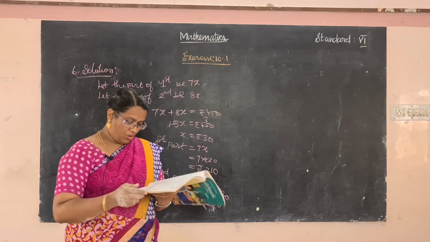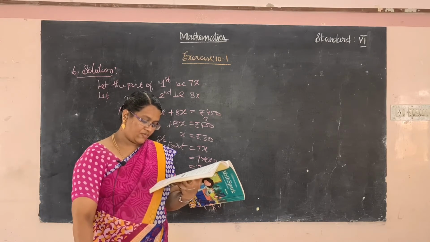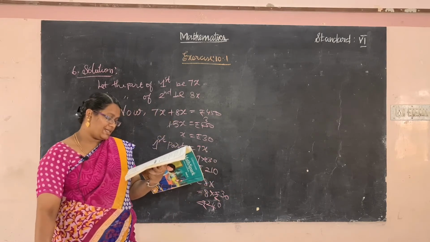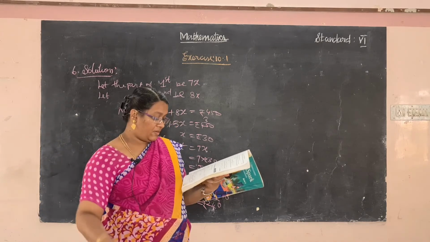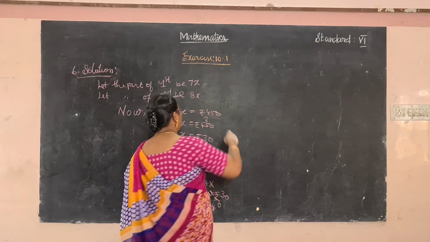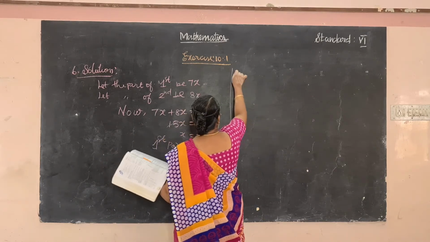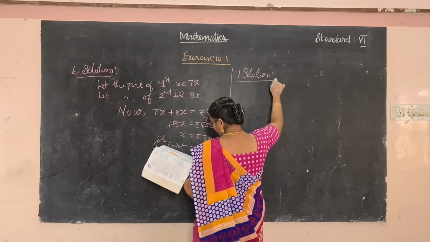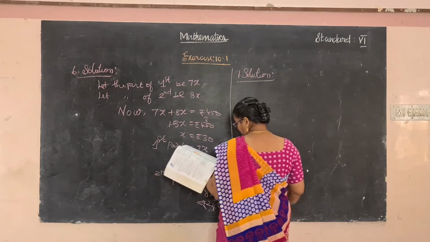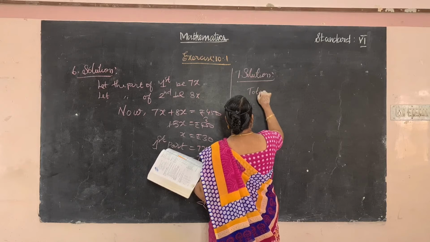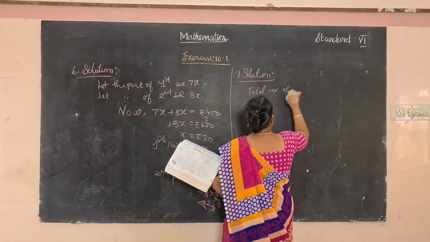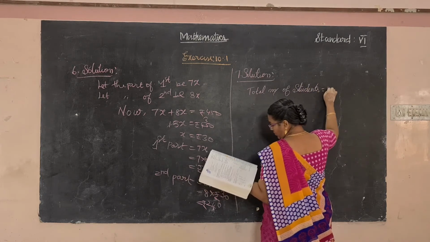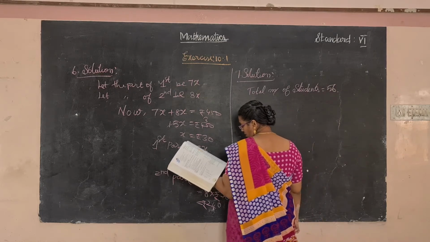Now move to the seventh one. The ratio of the number of boys and the number of girls in the class is 5:9. Find the number of girls if the total number of students in the class is 56. The total number of students is given, so the same method. The total number of students is equal to 56.